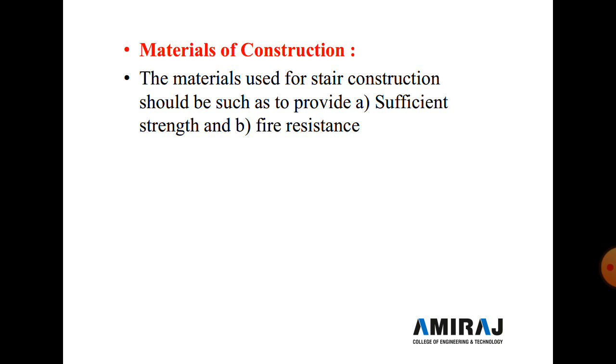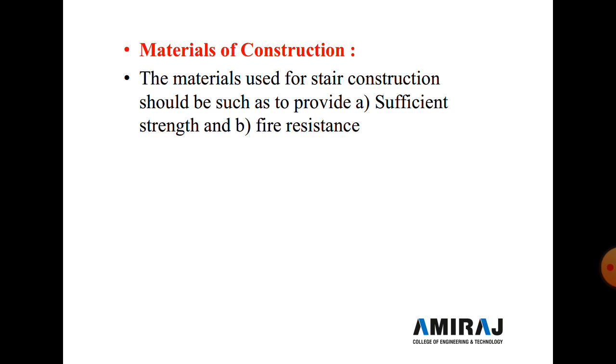Now next is the material for construction of the steps. The material used for stair construction should provide sufficient strength and fire resistance. Generally we use tiles or stone, or in an industrial area we use metals or iron.